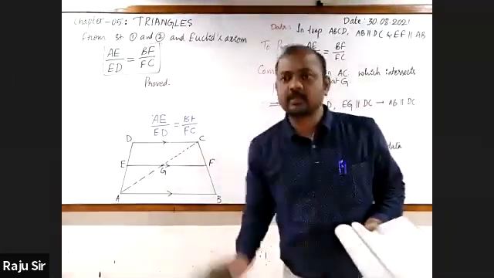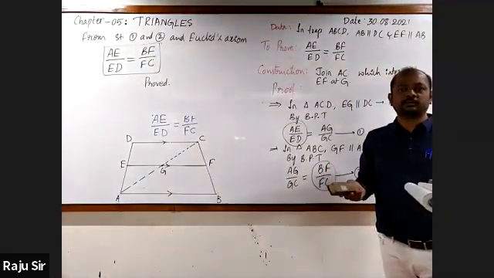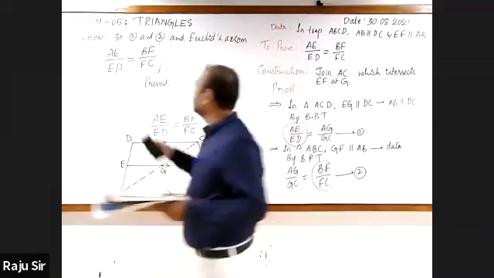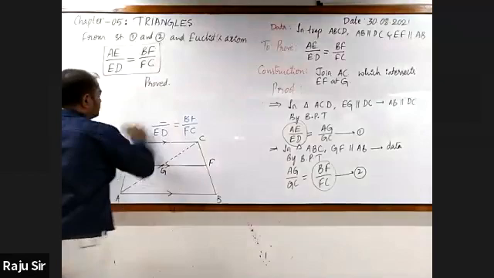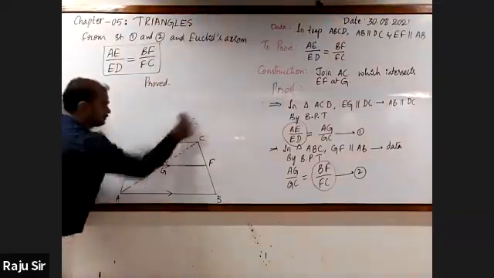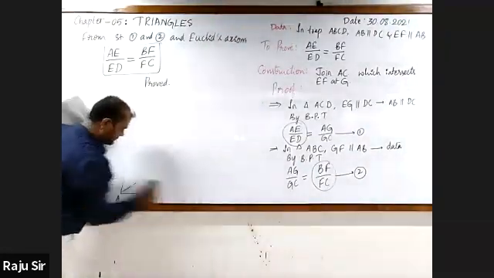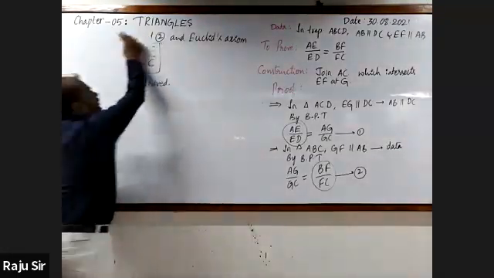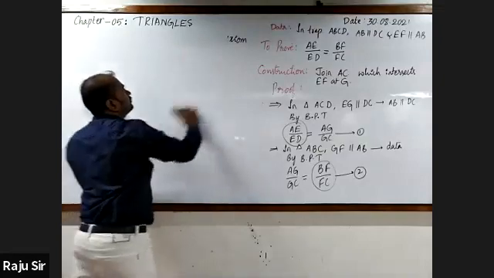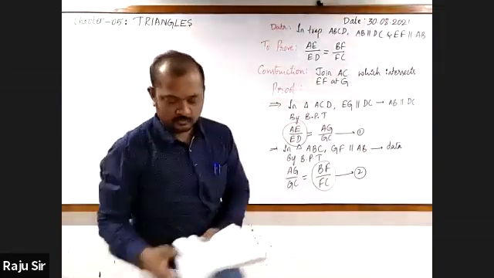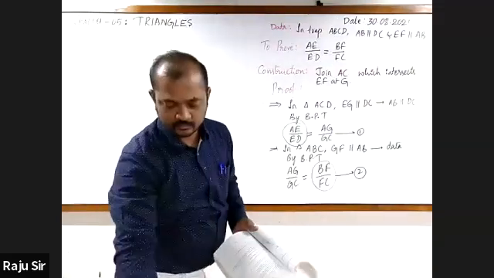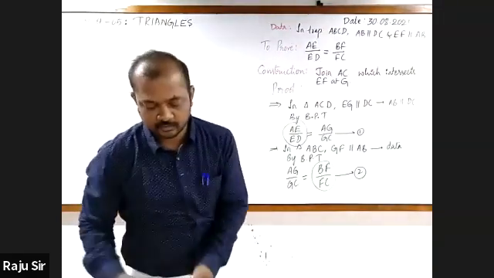Let me give you the same type which was given in the examination as well. So just put a double star mark and write. Shall we do this? First, they are given the figure.